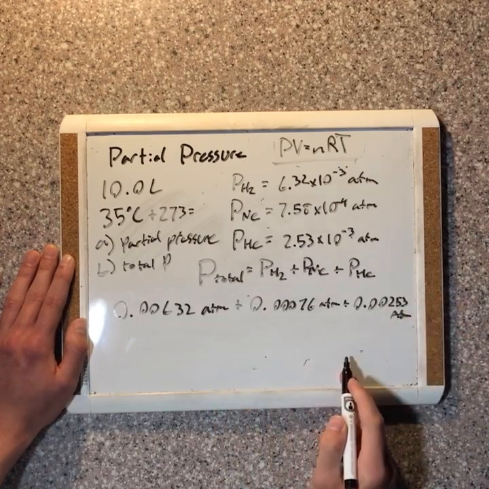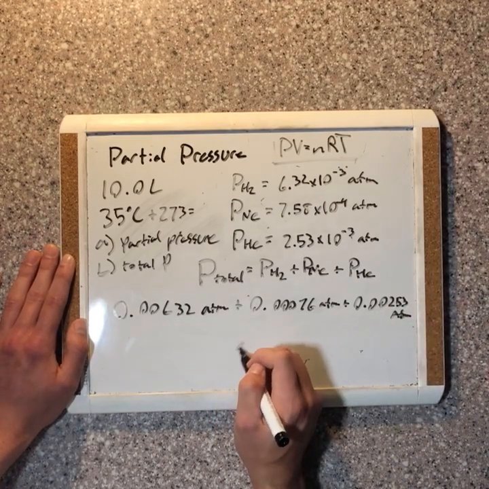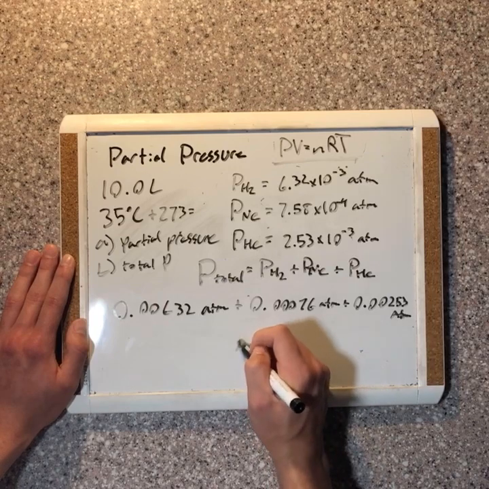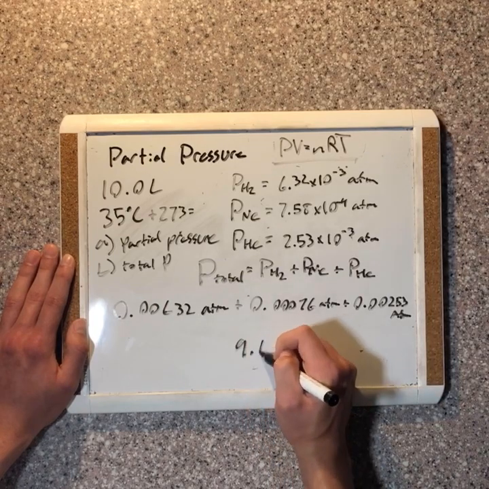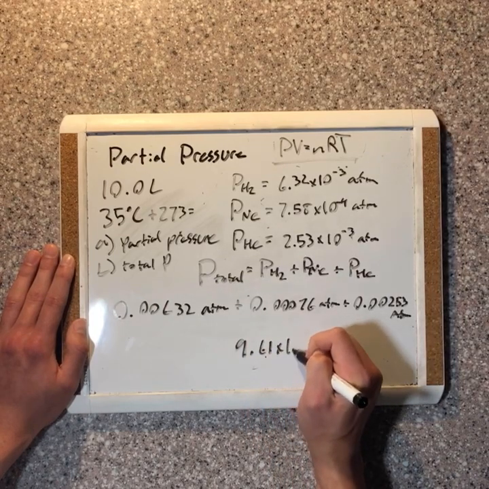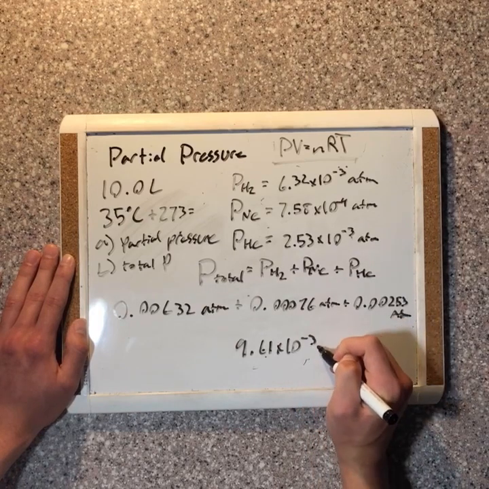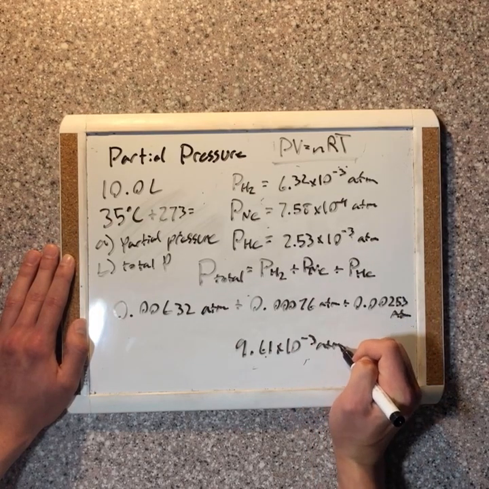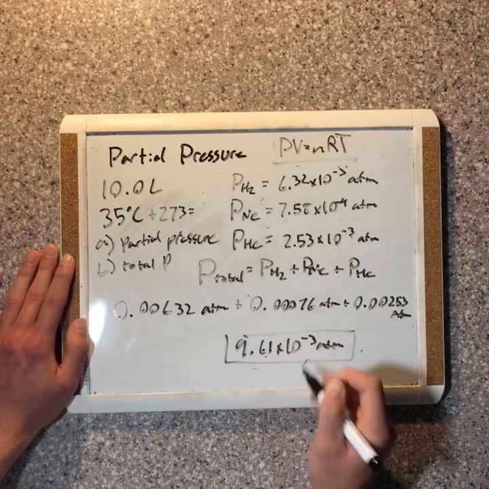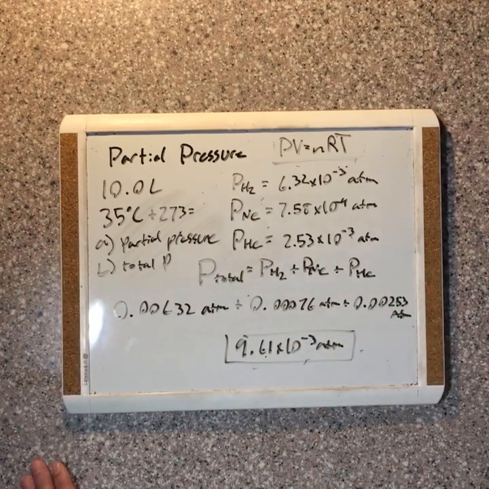All right, so adding all of those together gives us a total pressure of 9.61 times 10 to the negative 3 atmospheres, which is going to be our total pressure.